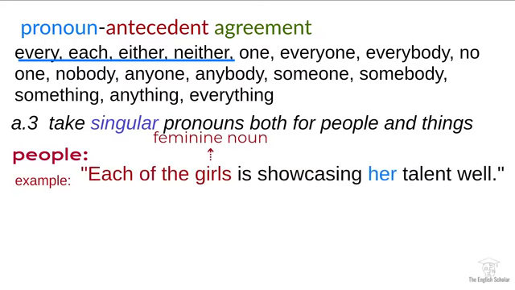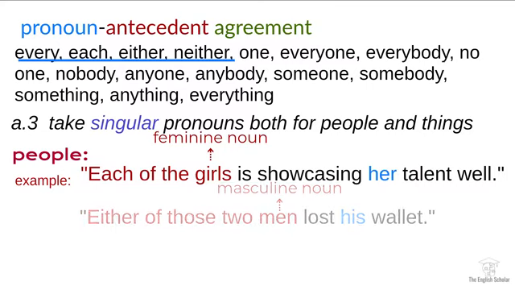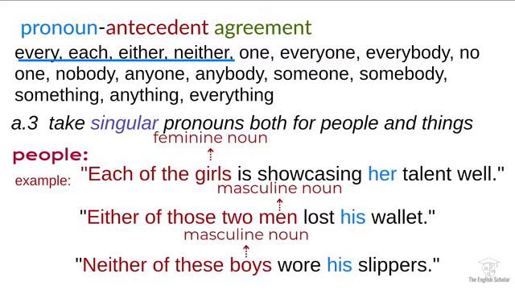For example, each of the girls is showcasing her talent well. Either of those two men lost his wallet. Neither of these boys wore his slippers. In these sentences, even if we use each, either, and neither, we still know what pronouns to replace them with later on because of the nouns that follow them, which tell us the gender they refer to.